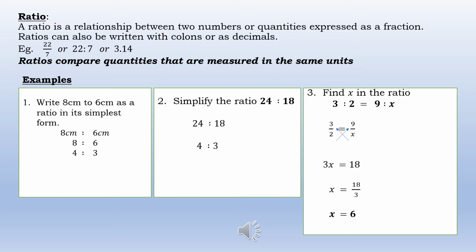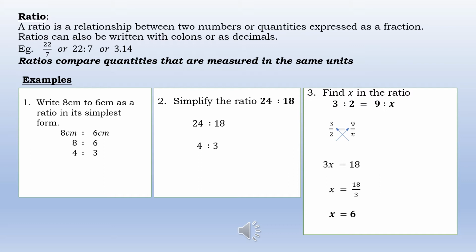Okay, we have to remember that ratios can be written as colons, and most importantly, when we want to write down two quantities as a ratio, it has to be in the same unit. So in the question it says 8 centimeter to 6 centimeter. So the units are the same, therefore we write it down as a ratio 8 centimeter to 6 centimeters.